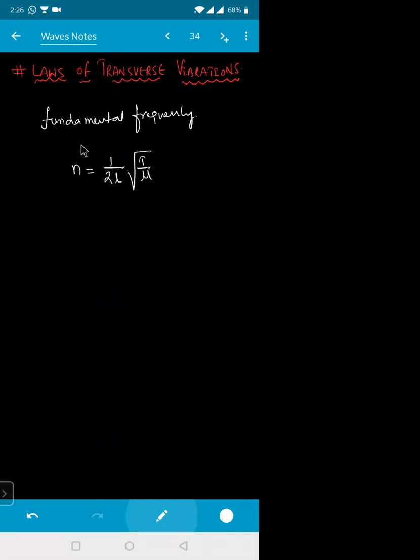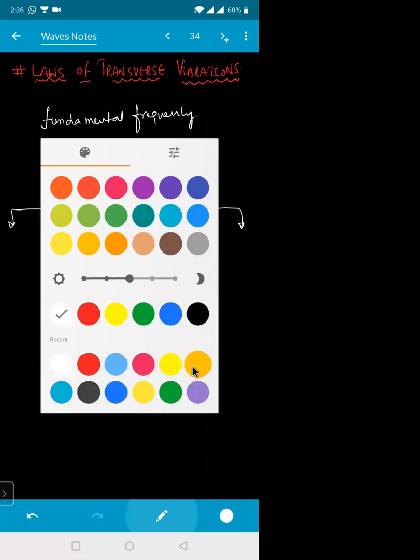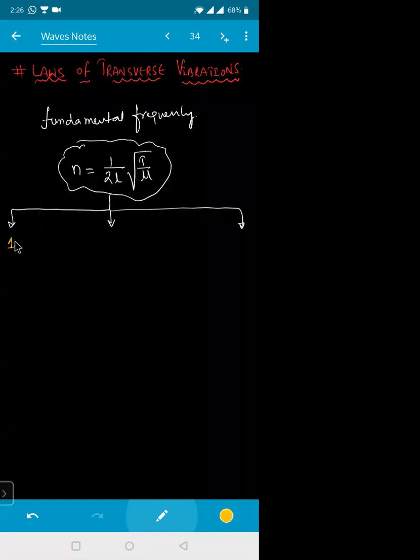Now see, from this I can write 3 laws. The first one is known as the first law.